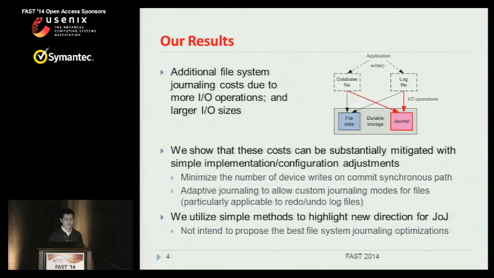One thing I want to emphasize here is that the goal of our work is to utilize very simple methods to highlight that there's a different way of addressing the journaling of journal problem. I don't really intend to propose the best file system journaling optimizations. We have cited several nice recent works on optimizing file system journaling in our paper, and if you're interested in those, you can find them in our paper.